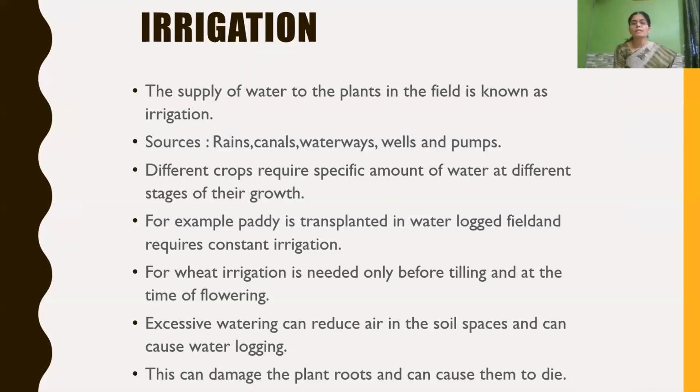Excessive watering can reduce air in the soil spaces and can cause waterlogging. Because of waterlogging, it leads to salinity of the soil, and saline soil is unfit for the growth of crops. Waterlogging can also damage the plant roots and cause them to die. So these are the points about irrigation.